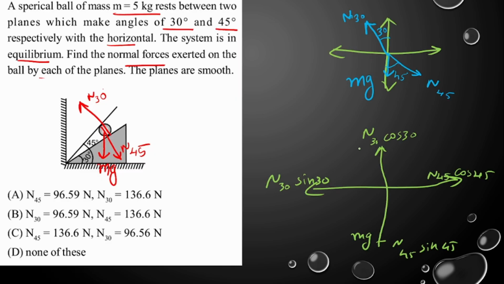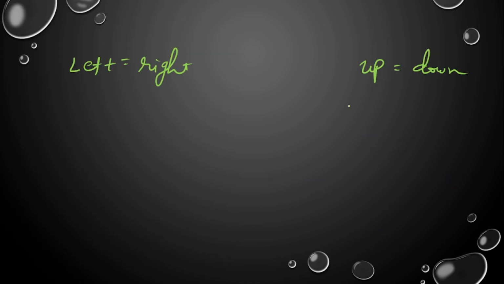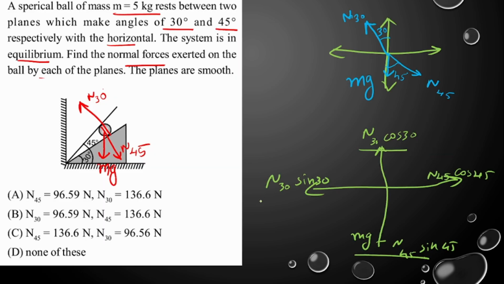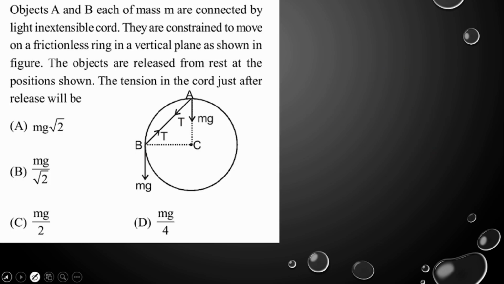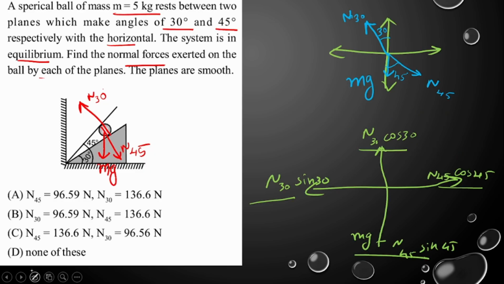Up equals to down means N30 cos 30 is equals to mg plus N45 sin 45, and left equals to right means N30 sin 30 equals N45 cos 45.